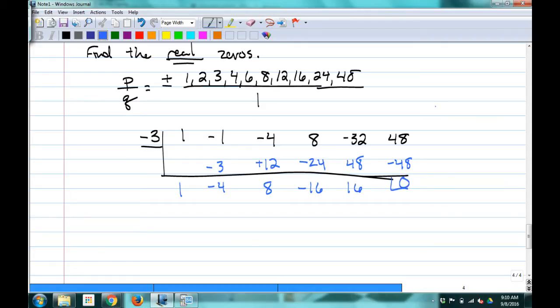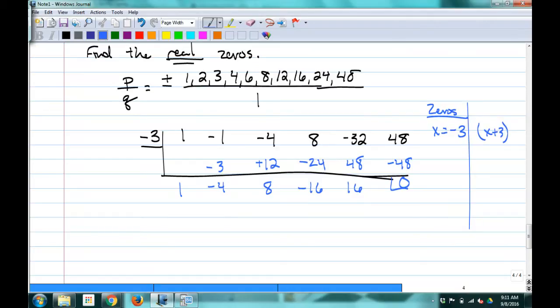All right, so zeros. X equals -3. What's the factor that goes with that? X plus 3 would be its factor. Okay, so that helps us.